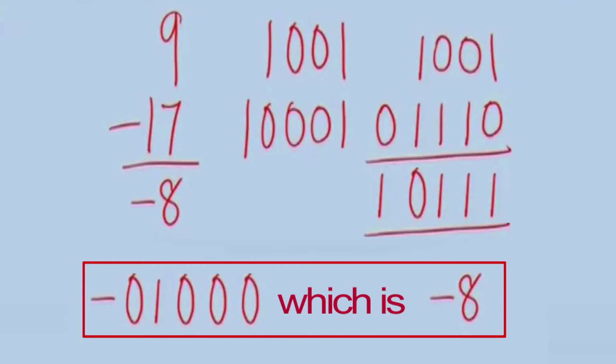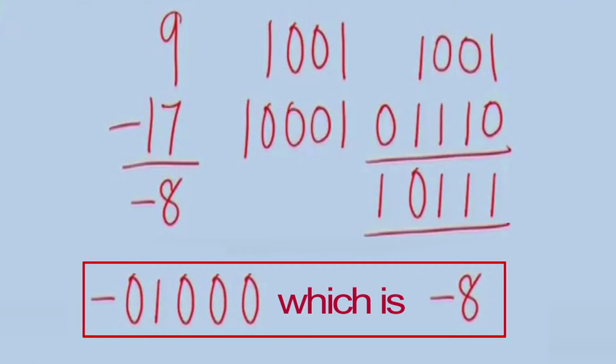The decimal equivalent of the number 10001 is 17 and the decimal equivalent of the number 1001 is 9.